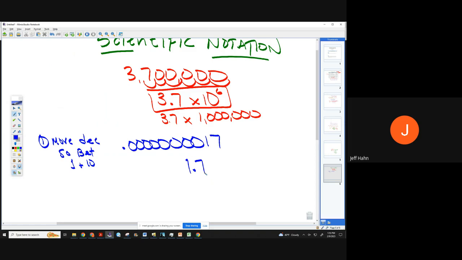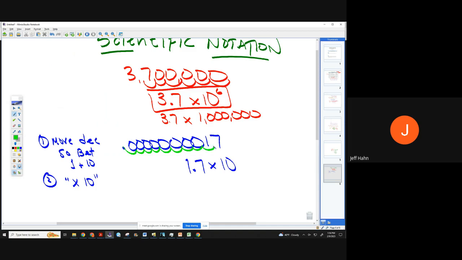Step number 2 is you are still gonna write down the times 10, that's an important part there. That's not so hard. And then here is the kicker. I still count how many places I moved the decimal, which is gonna be, let's do that. Somebody says 9. 1, 2, 3, 4, 5, 6, 7, 8, 9.